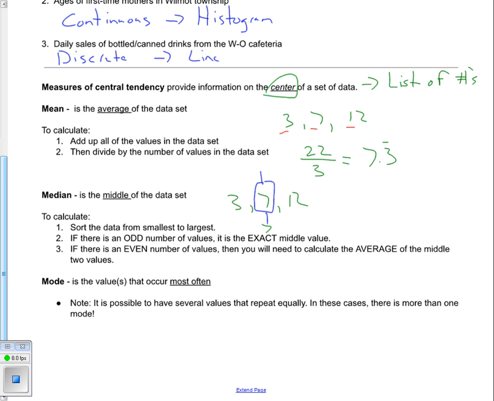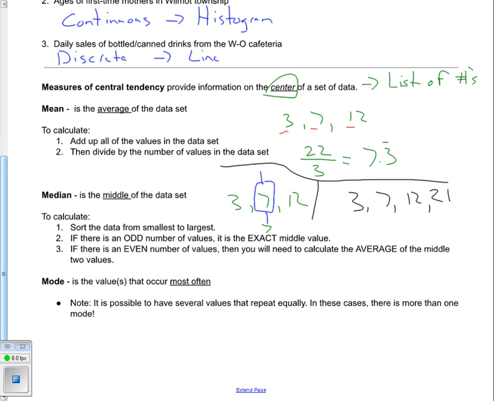Then I need to calculate the average of the middle two values. So let's say, for example, just kind of divide that out, put a break there. Let's say I have the numbers 3, 7, 12, and then I add another number, and I don't know, I'll add 21.